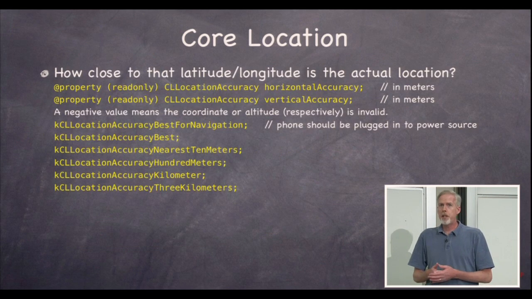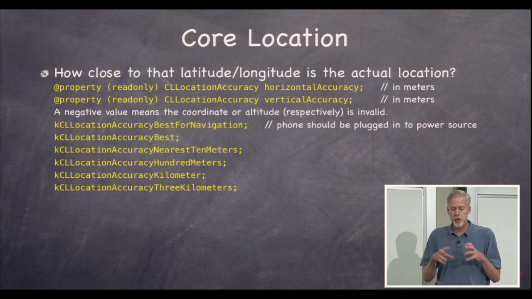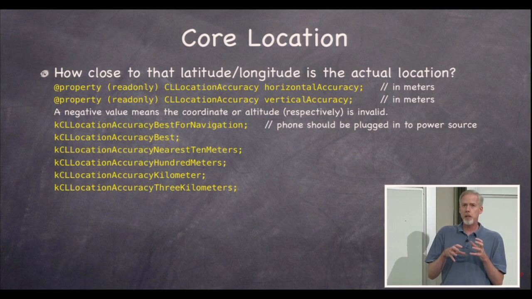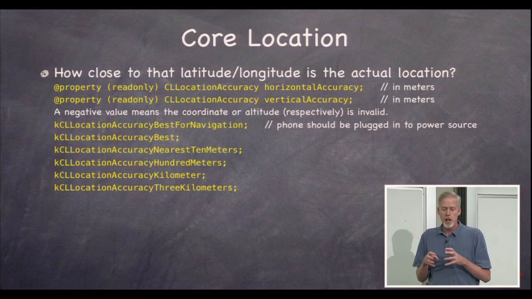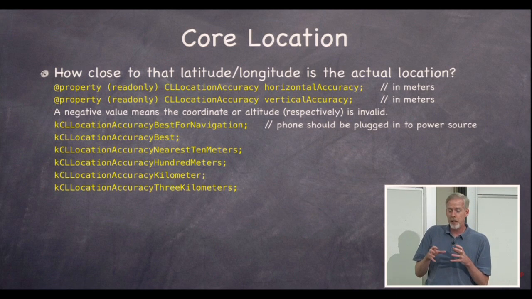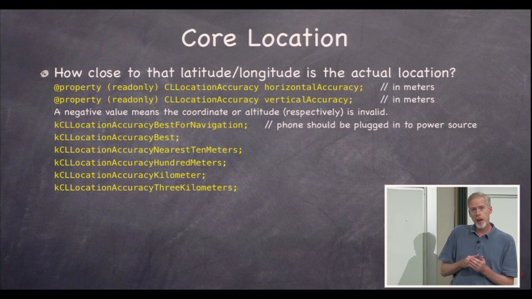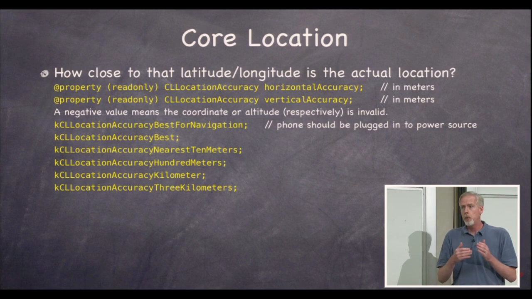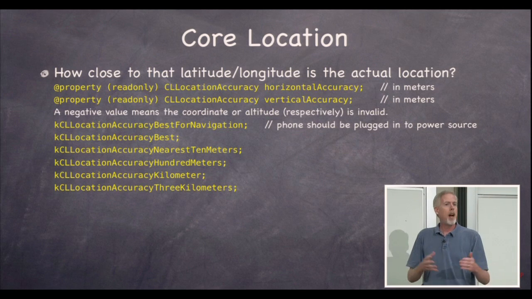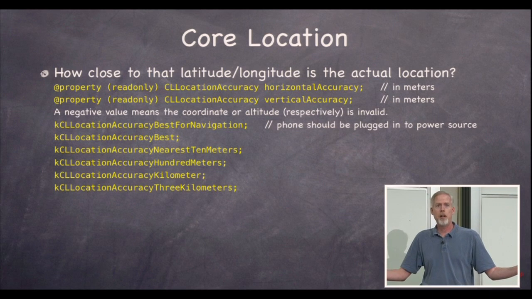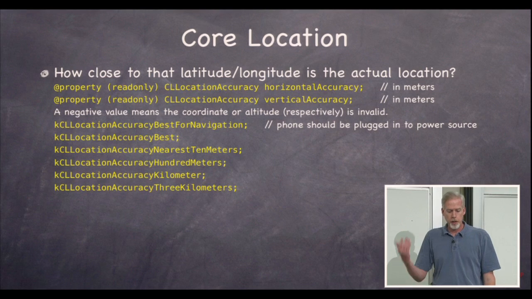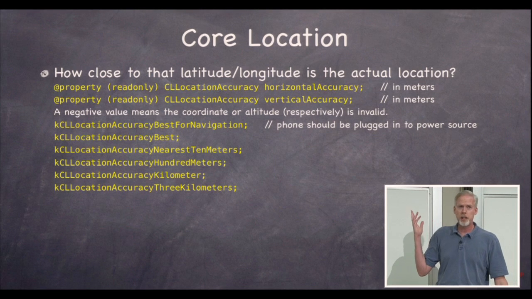So let's talk about this accuracy business. How close is the latitude and longitude that's in that coordinate property inside of a CLLocation to the actual location? There are another couple of properties on CLLocation called horizontal accuracy and vertical accuracy, which tell you in meters kind of how far off this thing could be. You don't really look at this as a number in meters, like 27 meters.